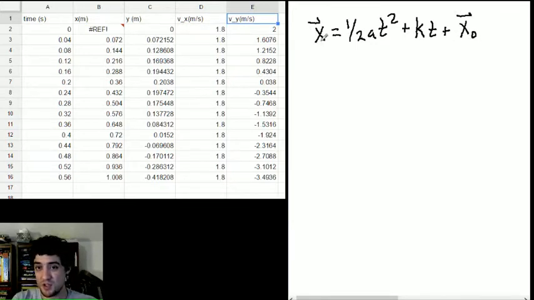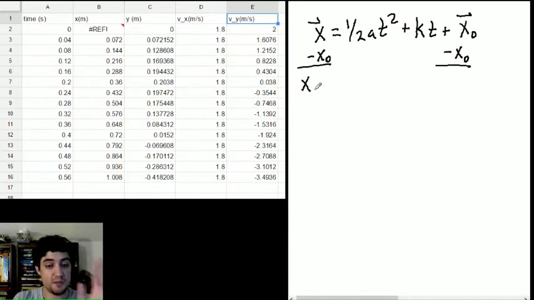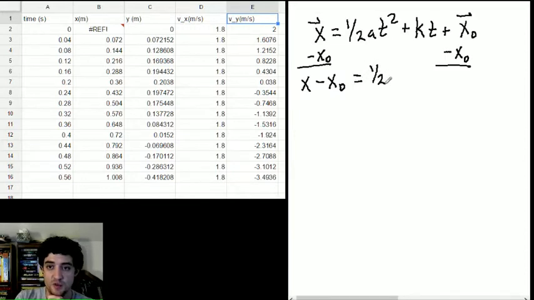So we have the position somewhere. This is the curve we're talking about. Here's what I'm going to do. I'm going to subtract initial position from both sides. So we have some position out there, minus the initial position, is 1/2 AT squared plus something times t.